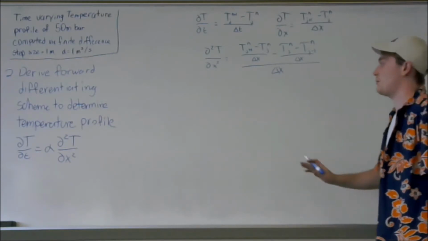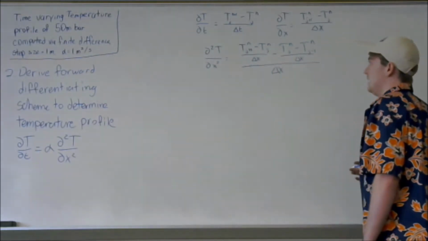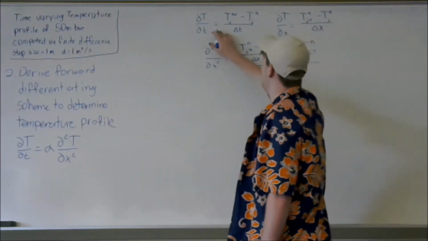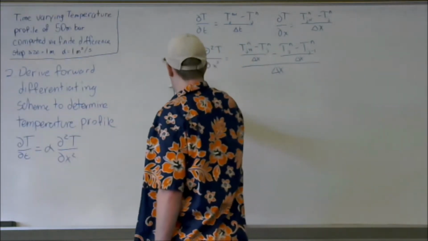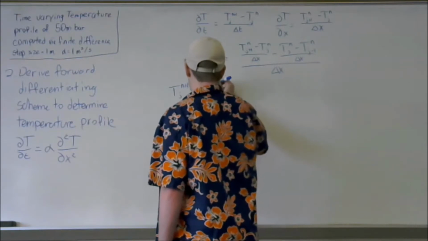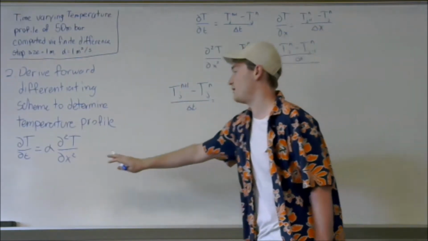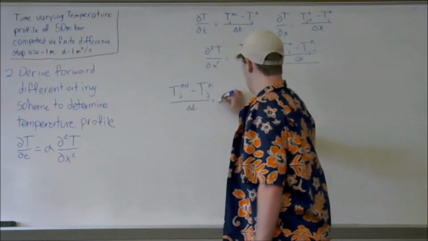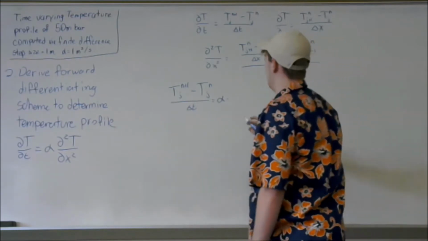Now that we have both of our partial derivatives, we can plug these back into the equation, and let's see what we get. So we've got our partial with respect to time. I'll rewrite that here. So T j n plus 1 minus T j n all over delta t equals, the next part of our equation is our alpha. So alpha times this second derivative.